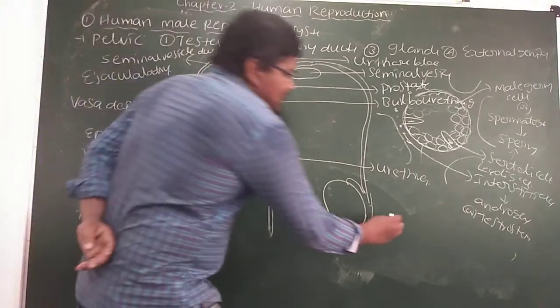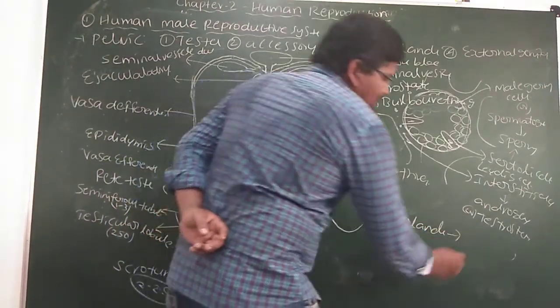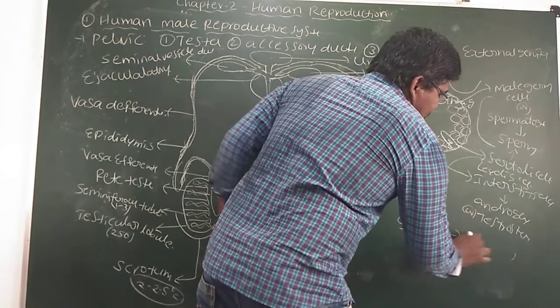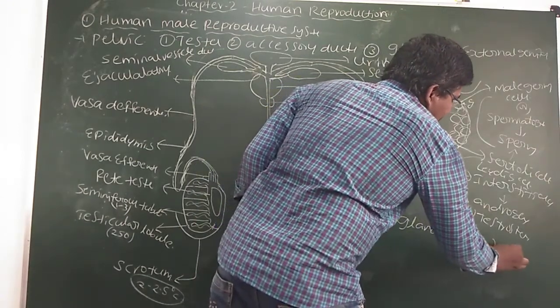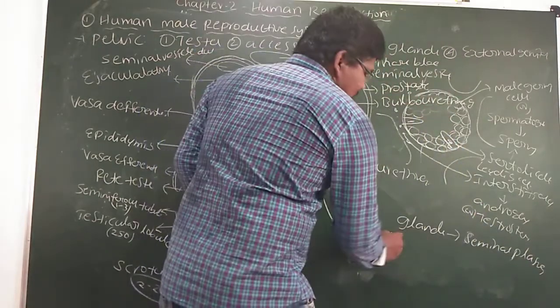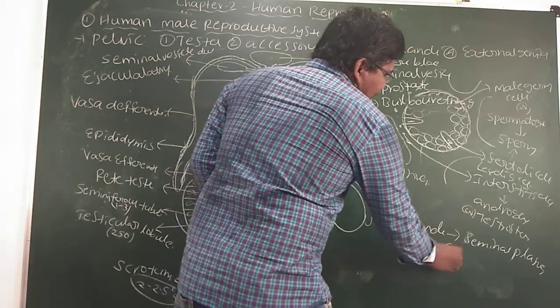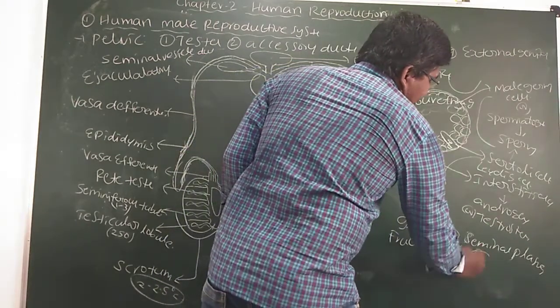These three glands produce the fluid that is called seminal plasma. Seminal plasma is produced from the glands of the male reproductive system. The seminal plasma mainly contains fructose, calcium and certain enzymes.